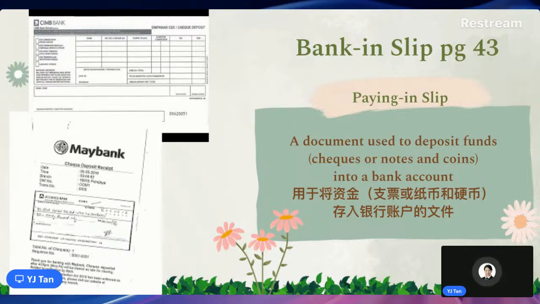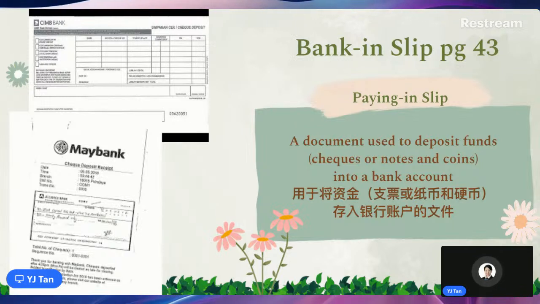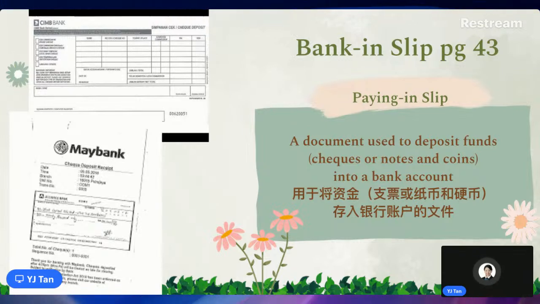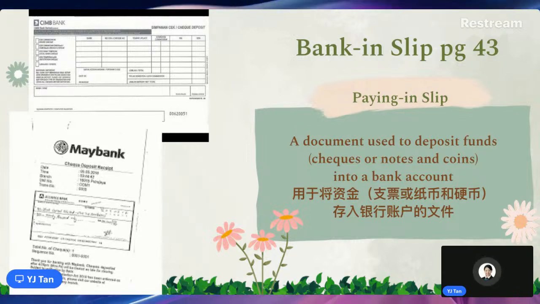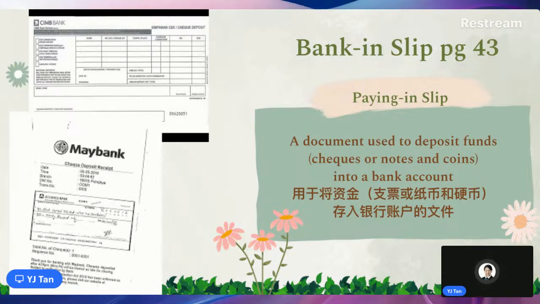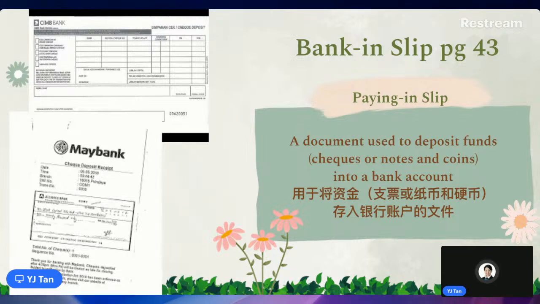When I insert the check or the cash into the ATM machine, the machine will print out this sample to me as a record that I already banked in. After you bank in, especially a check, it doesn't mean the transaction is confirmed.